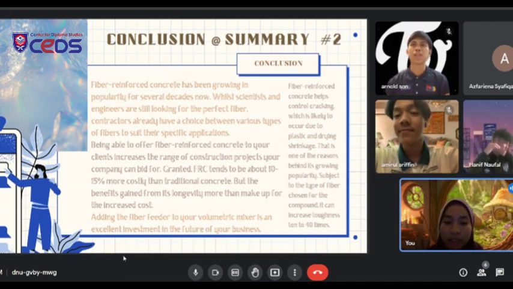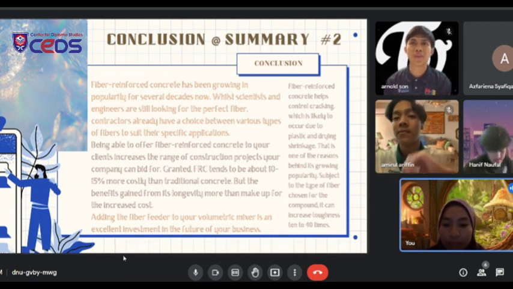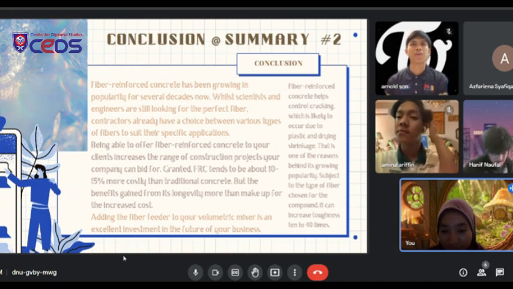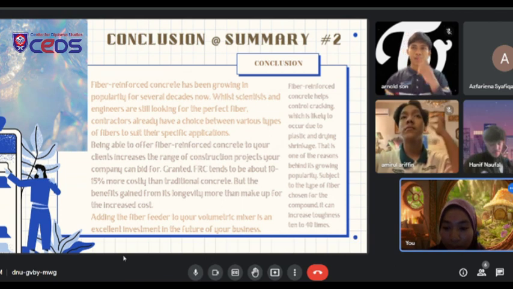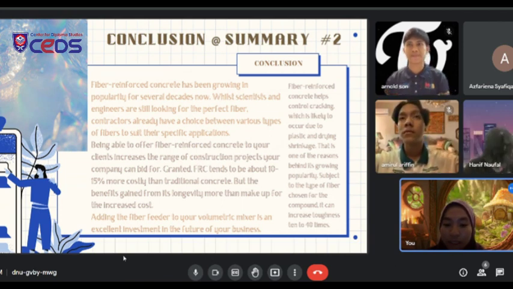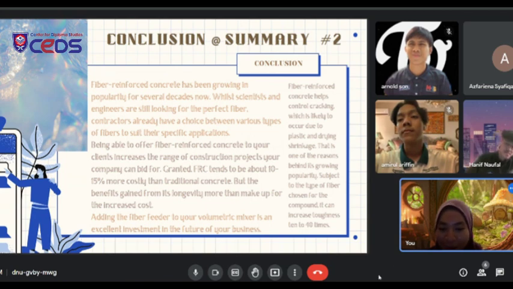Granted, FRC tends to be about 10 to 15% more costly than traditional concrete, but the benefits gained from its longevity more than make up for the increased cost. Adding FRC to your volumetric mixer is an excellent investment in the future of your business.